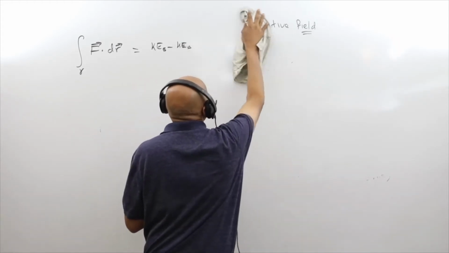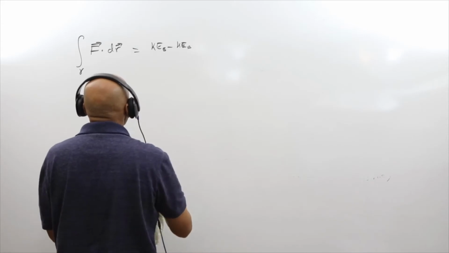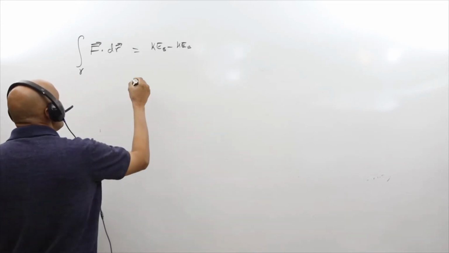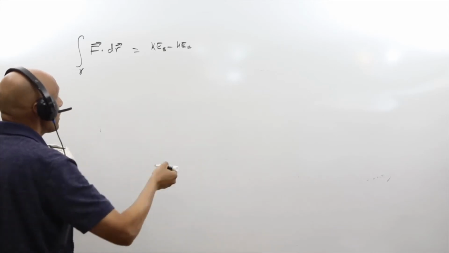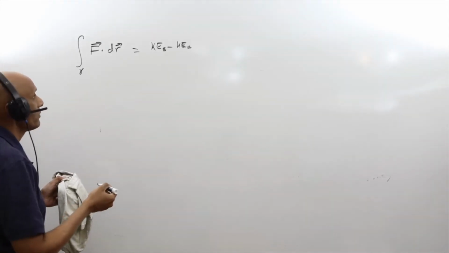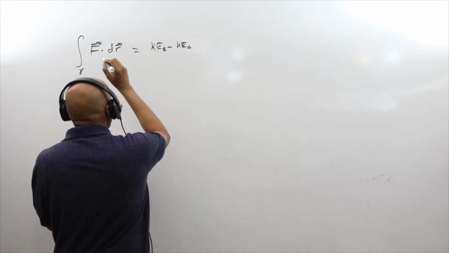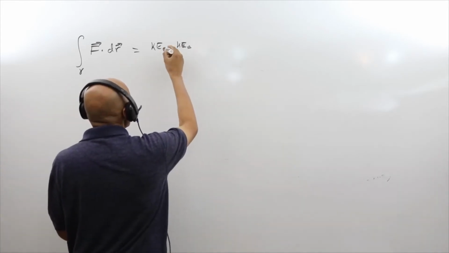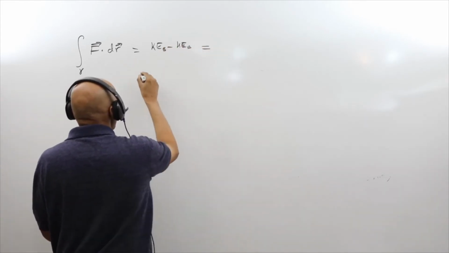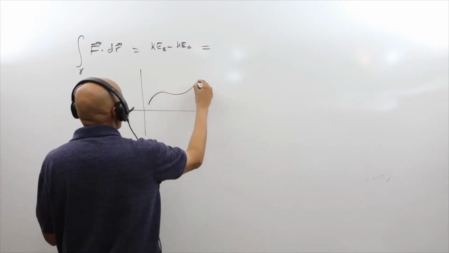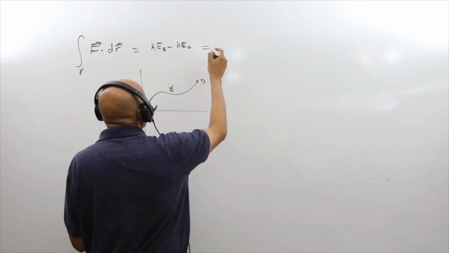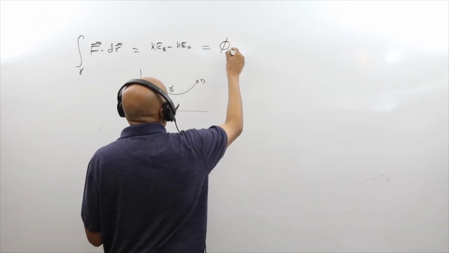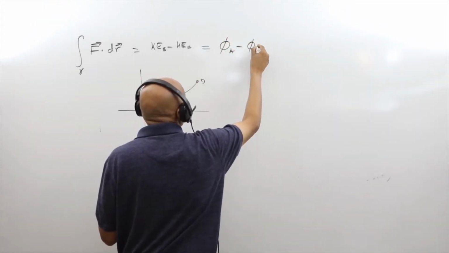There is no concept of conservation of energy until we start introducing the idea of a conservative field. So now if F is a conservative field, the kinetic energy at point B, remember this is our diagram, here's our curve, here's point B, here's gamma, here's point A, is equal to phi at A minus phi at B.